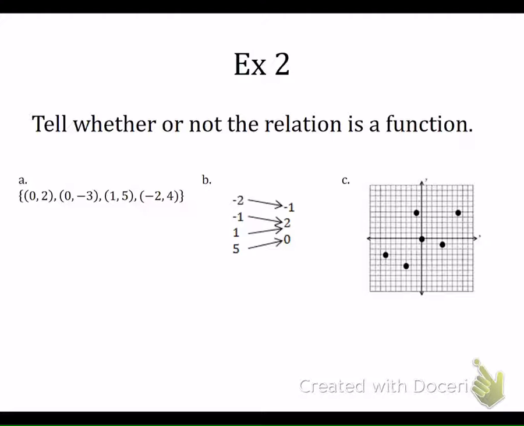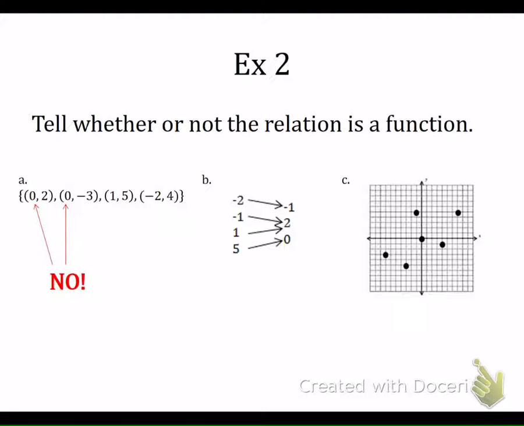All right, so we are going to tell whether or not the relation is a function. So remember, in order to be a function, the x's cannot repeat. So is part A a function? No. Do you see how 0 gives you 2 and gives you -3? That means it's not a function. That's the problem right there.